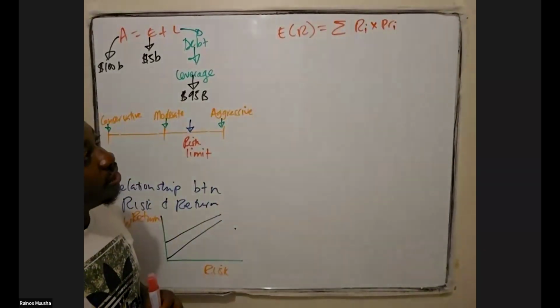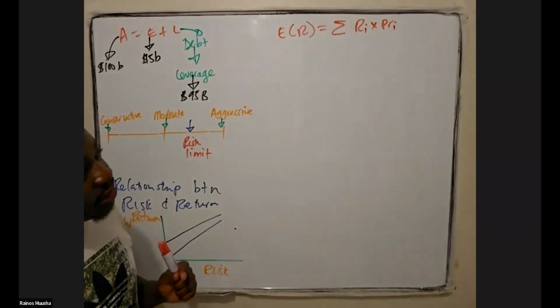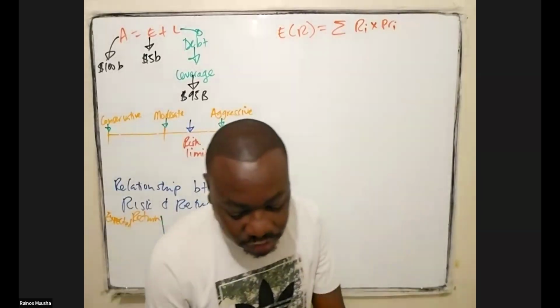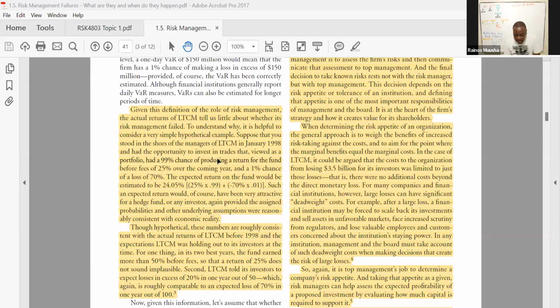So what do we see? It basically means that the point they're trying to drive here is that, as you can see from the information, there is a 99% chance that this portfolio is going to generate a return of 25%. And then there's a 1% chance that this portfolio is going to suffer a loss of 70%.